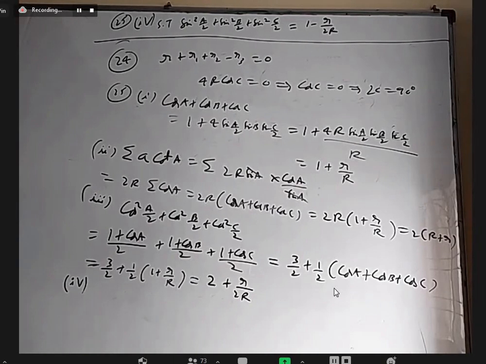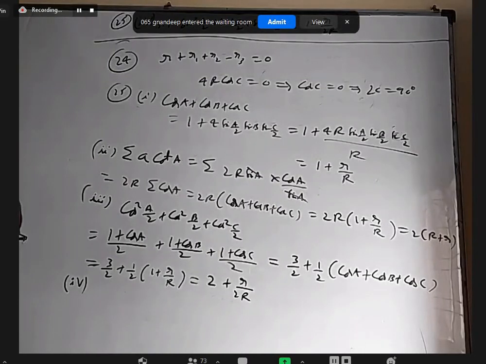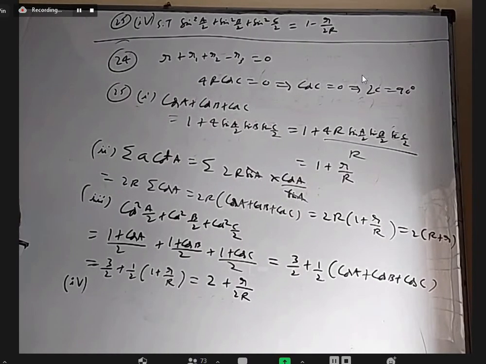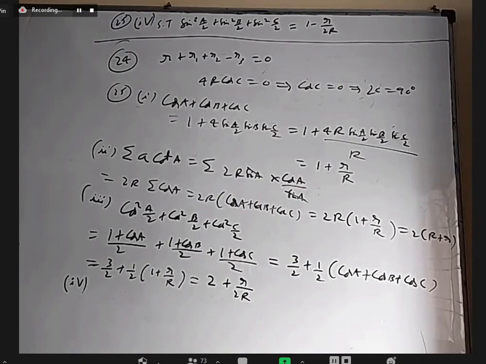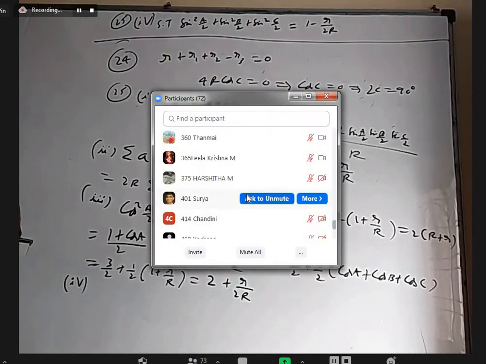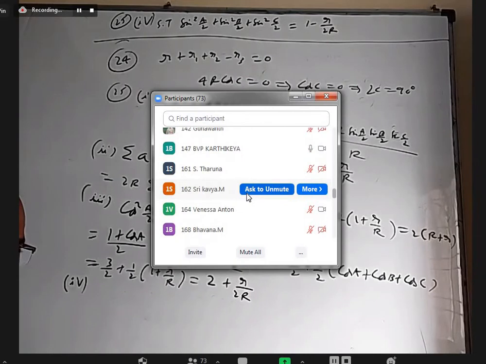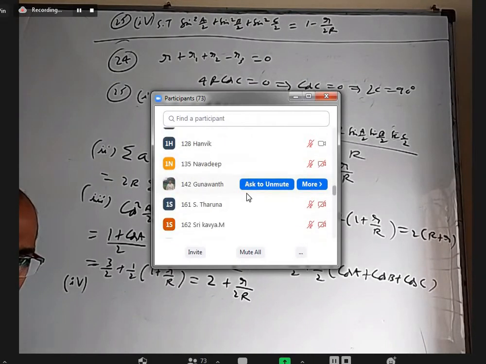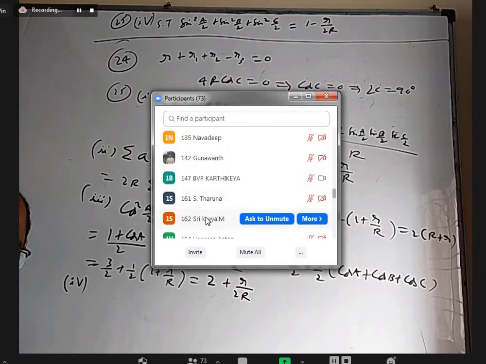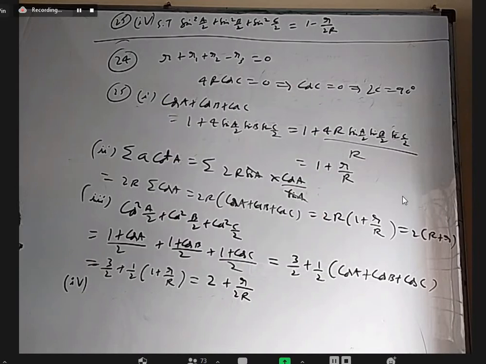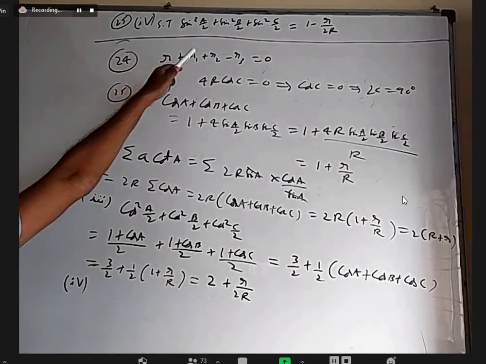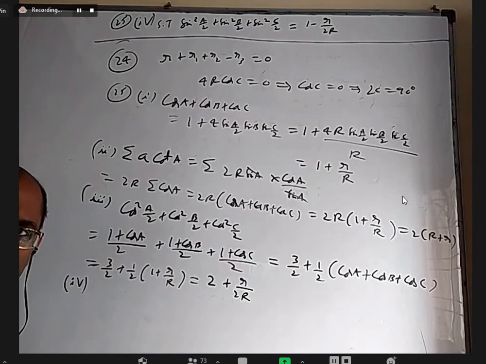BVP Kartikeya, how to proceed with Roman 4? Are you there, BVP Kartikeya, roll number 147 or something? Okay, you are there, but your voice is not clear. Tell me how to proceed with sin square A by 2 plus sin square B by 2 plus sin square C by 2.